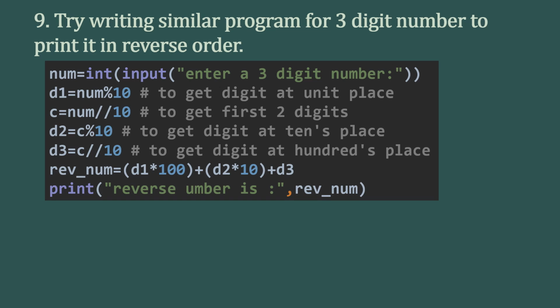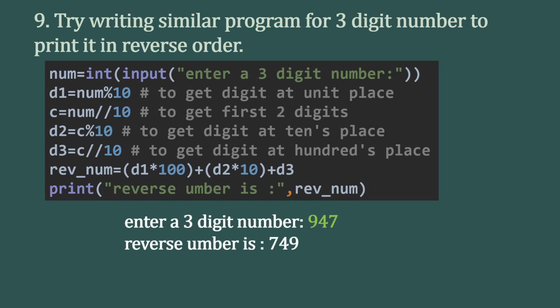To reverse the number, we multiply d1 with 100, d2 with 10, and add d3, like d1 into 100 plus d2 into 10 plus d3, and store it in a variable, let's say ref_num. Now just print that one.